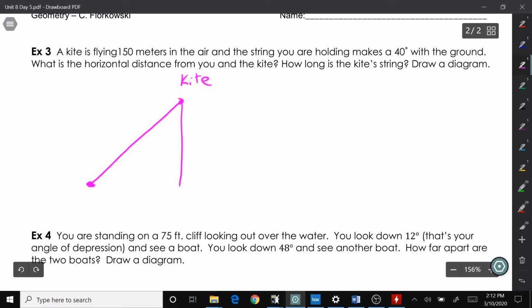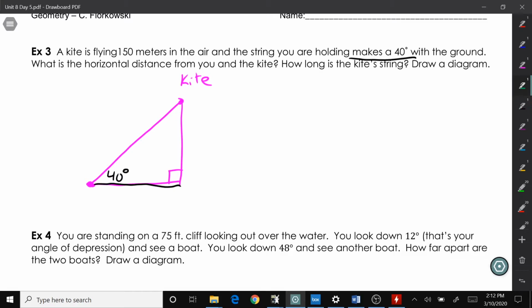It's going to make a right triangle, so we've got to figure out where these numbers go. Well, 40 degrees with the ground, okay, because here's the ground down here. It's asking us what is the horizontal distance from you to the kite. Well, horizontal distance, that's left and right. This is what we're trying to figure out.